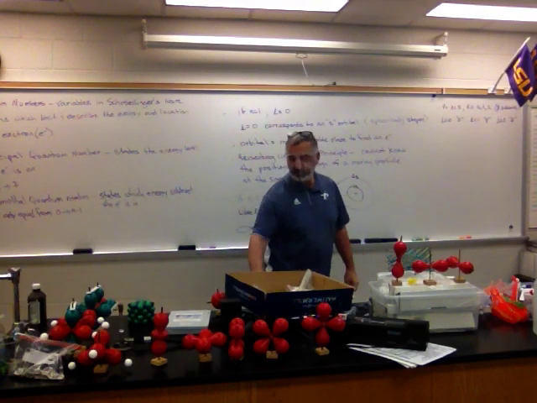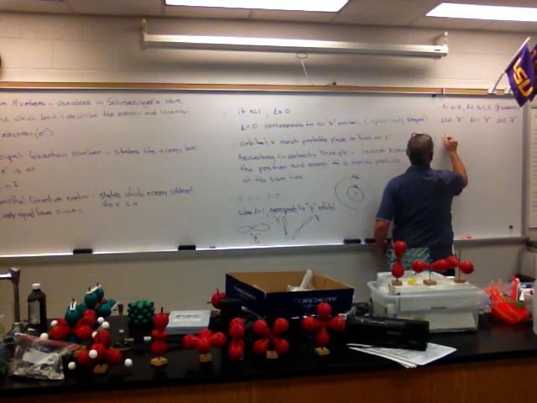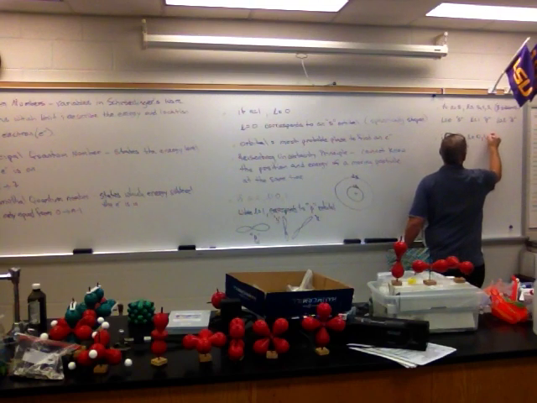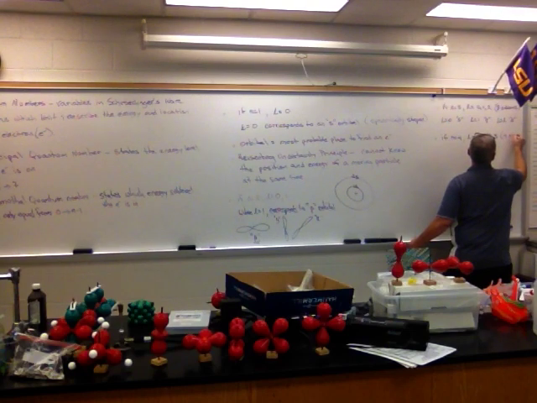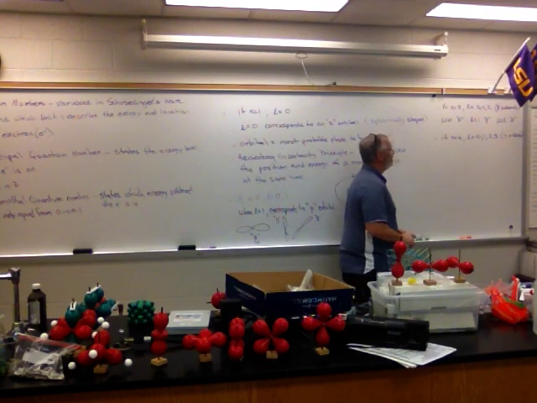Then lastly, if n equals 4, what can L equal? 0, 1, 2, 3. So you guys are figuring out the pattern. That means we have 4 sublevels. So each energy level has another sublevel. Now what would be a good name for L equals 3?